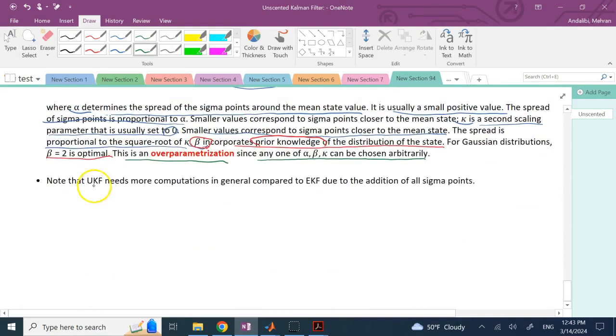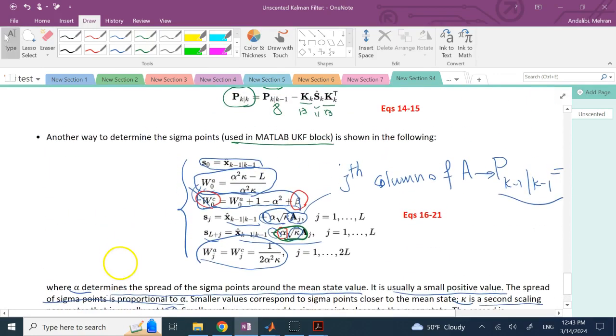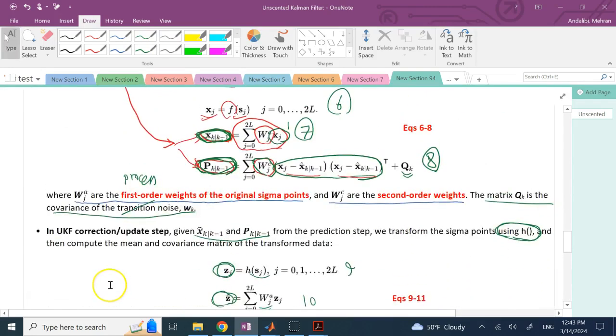So in general, UKF has more computations to do than EKF. So UKF is basically requiring more computer time and resources. And if you go with this algorithm, you have to have some intuition about how to pick alpha, beta, and kappa.